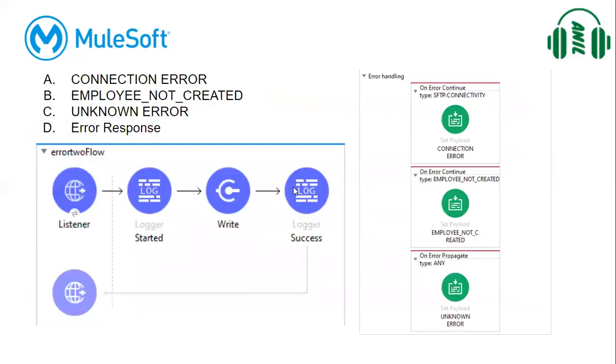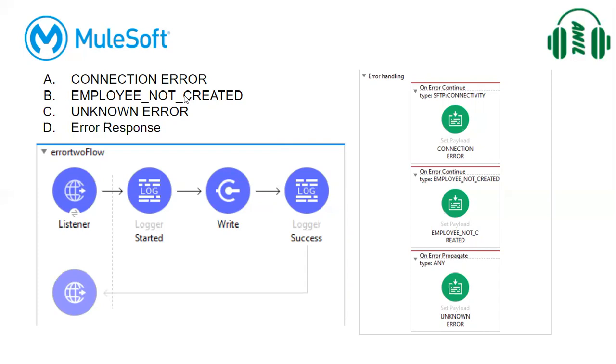So when it is raising connectivity error, it will go to the employee not created section in the error handler. That means the answer for this is employee not created, which means B is the correct answer, not A.